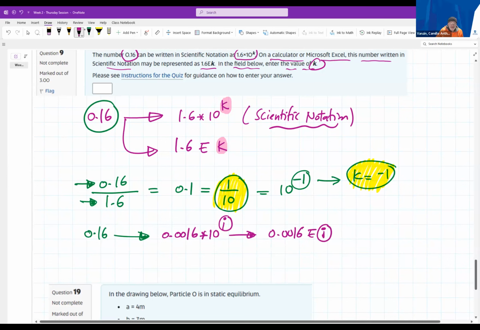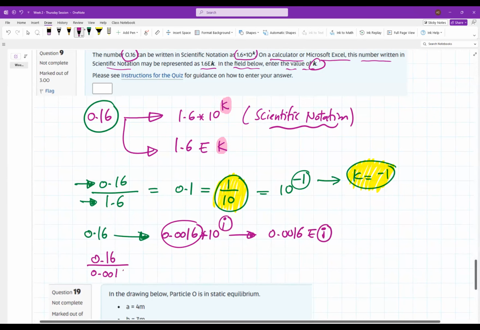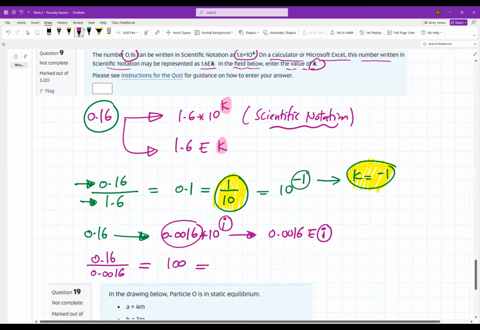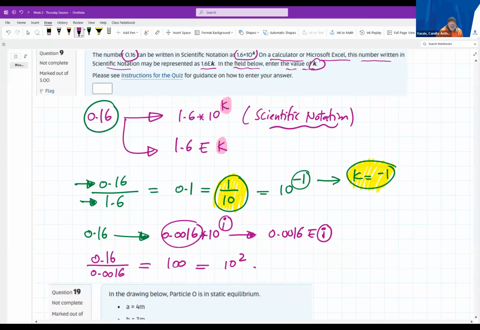Or in another way, we have 0.16 over the value we want to show, 0.0016. So how much does it give us? This will give us 100. So how much is 100? 10 to the power 2, right? Yes. So I becomes 2.